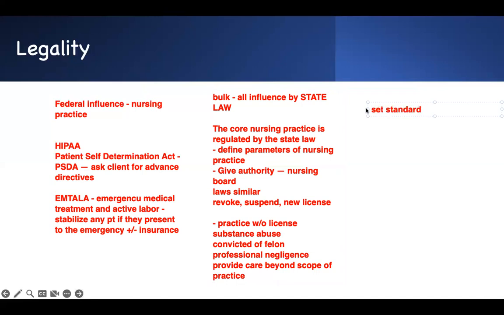They set the standard for nursing programs too, and how they should train you, and the scope of practice for all registered nurses, and for LPNs and PNs. The state board is usually involved through the nursing board, which represents them. So that's the key.